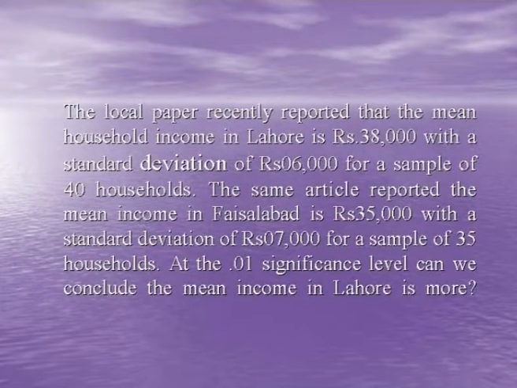For this, we draw a sample of 40 people from Lahore and 35 from Faisalabad. In Lahore we have 38,000 rupees as the sample mean with a standard deviation of 6,000, and in Faisalabad we have 35,000 rupees as the mean and a standard deviation of 7,000.